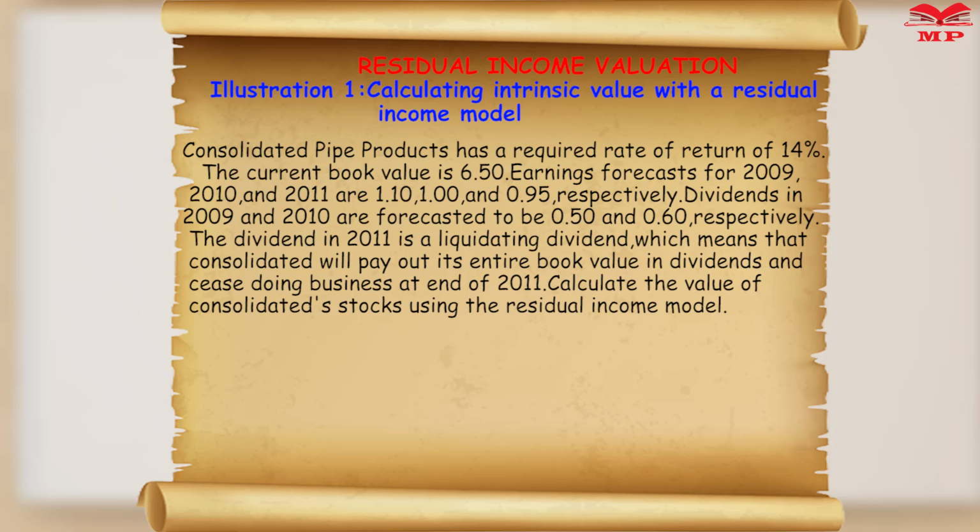Dividends in 2009 and 2010 are forecasted to be 0.5 and 0.6 respectively. The dividend in 2011 is a liquidating dividend, which means that Consolidated will pay out its entire book value in dividends and cease doing business at the end of 2011. Calculate the value of Consolidated stock using the residual income model.